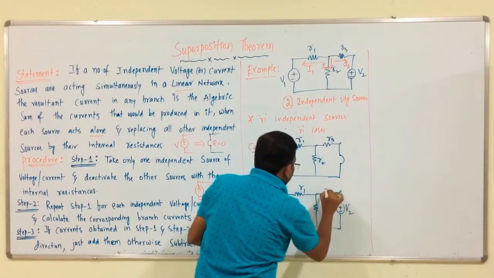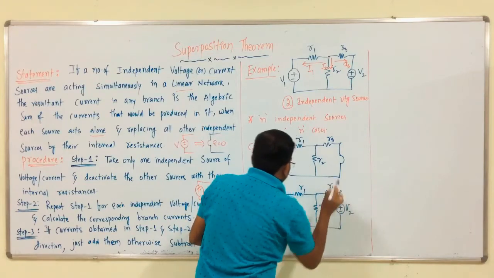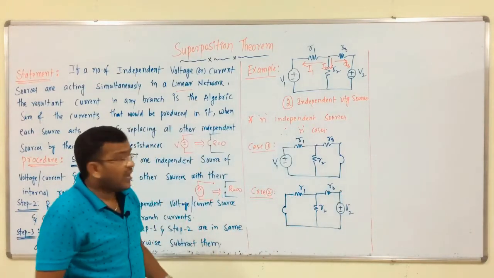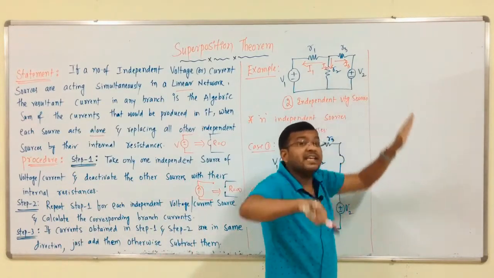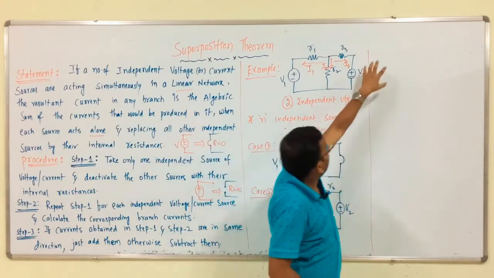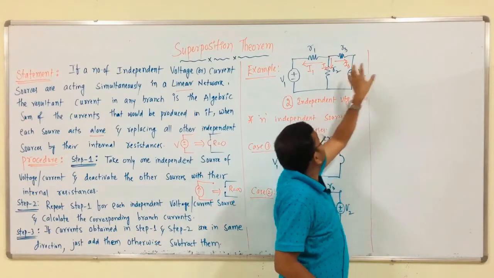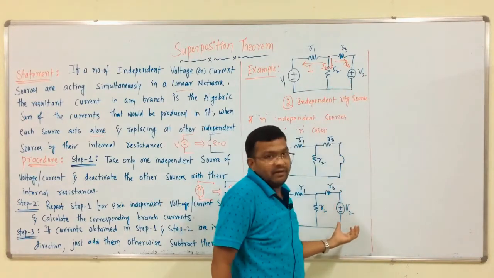V2, R1, R2, R3. For example, if we have another voltage source here, we are going to get case 3. In that case 3, the other voltage source should be active, and these two are deactivated, means short circuited.